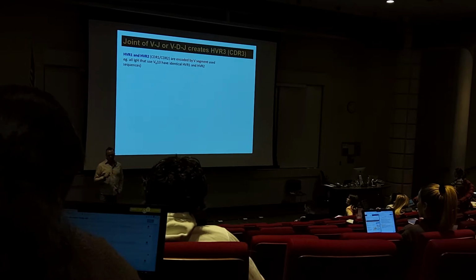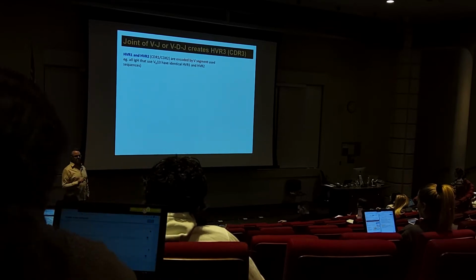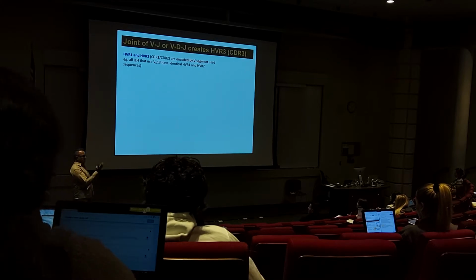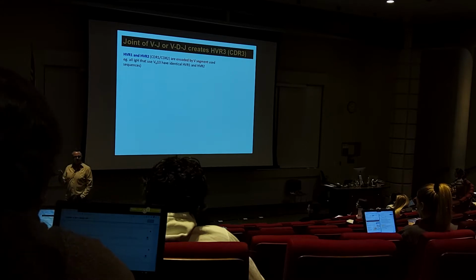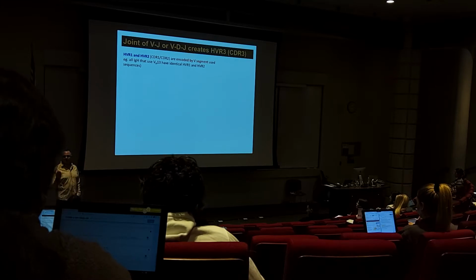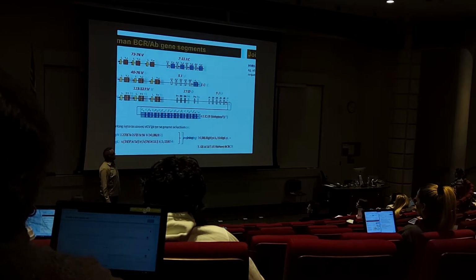So, we talked before about the hypervariable 1 and 2 regions and the hypervariable 3 regions. These correspond to the part of the antibody that recognizes antigen. So the HBR1 corresponds to complementarity determining region 1. HBR1 is CDR1. HBR2 is CDR2. HBR3 is CDR3. HBR1 and 2 are encoded by whatever V gene segment you use.